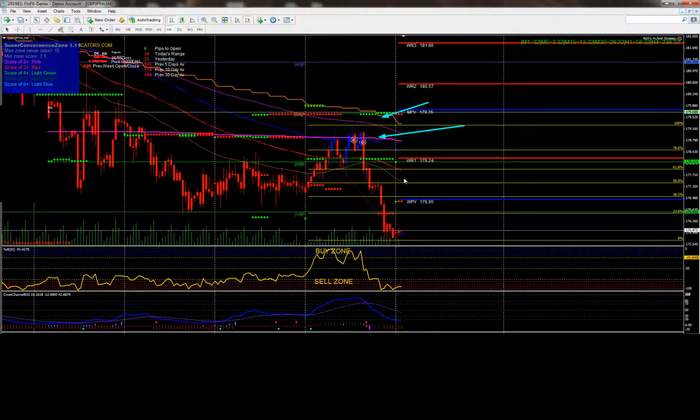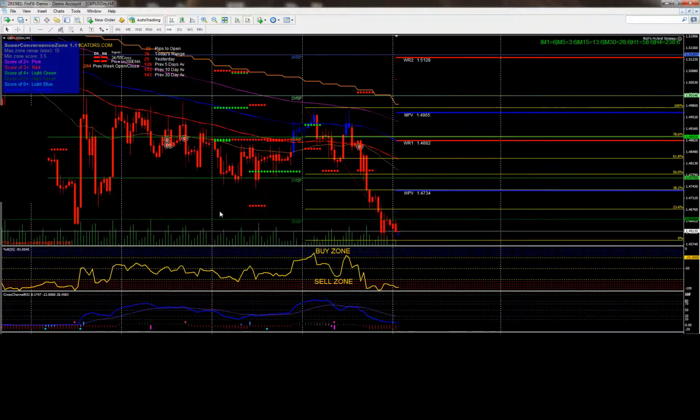Of course, the daily 200 from here provided a nice short middle of last week. So we'll look for a pullback there, anywhere between the 4-hour 55 up to WR1 or 179, even as high as 179.